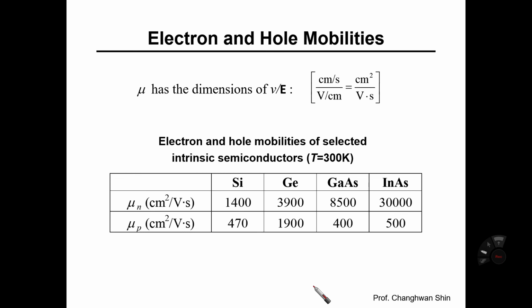If possible, please remember the mobility values of electrons and holes for silicon, at least 1400 and 470. That's common sense if you'd like to have a job at SK Hynix, Samsung, Micron, Intel, or any big IDC company. Please have those numbers in your mind.